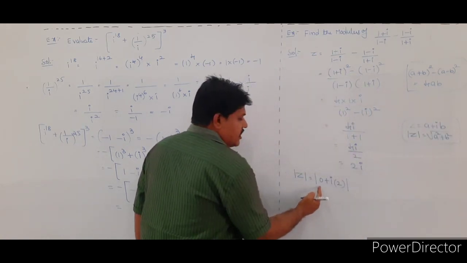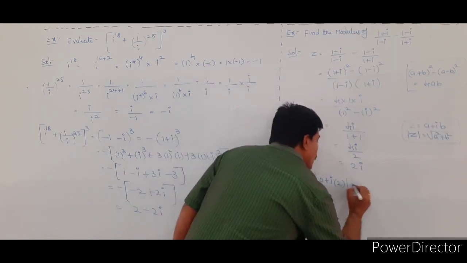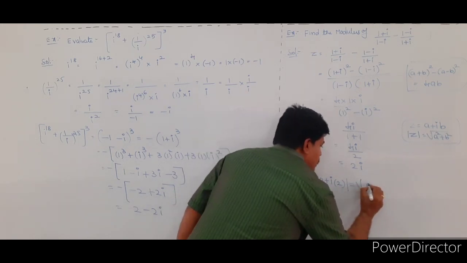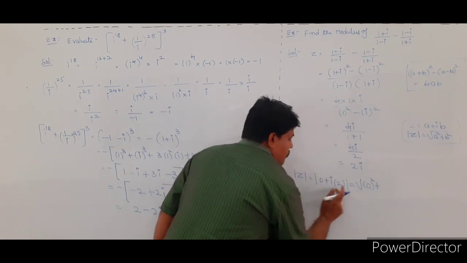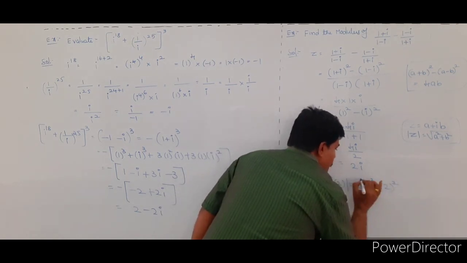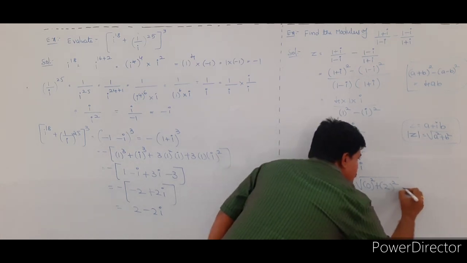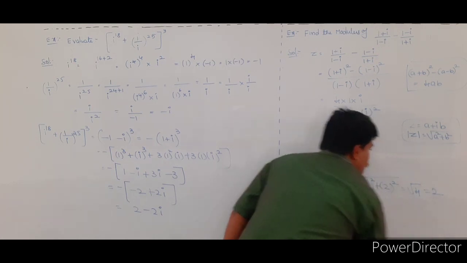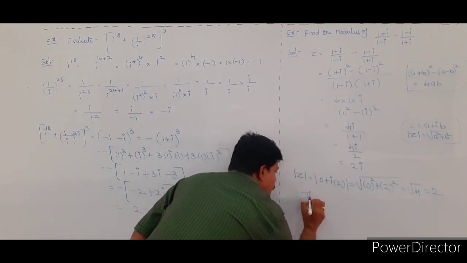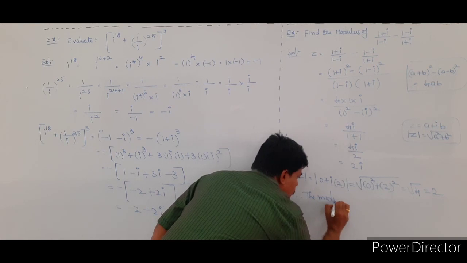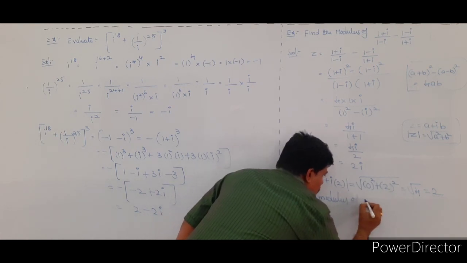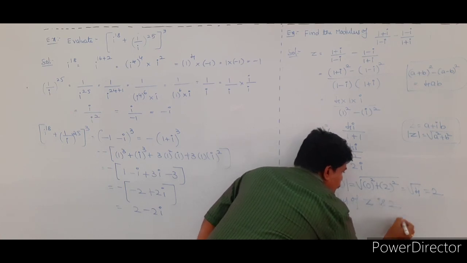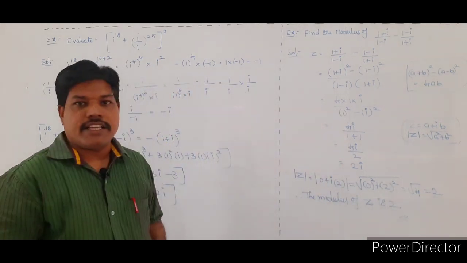Here z is 0 plus i into 2, so this value becomes square root of 0 square plus 2 square, which is square root of 4, and this value becomes 2. Therefore, the modulus of z is 2.